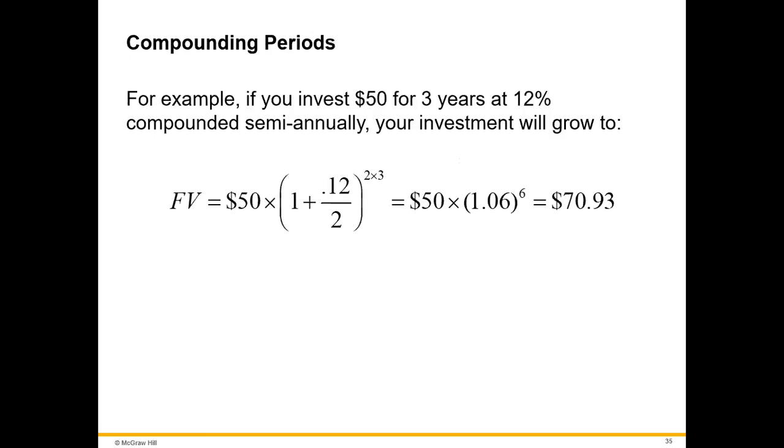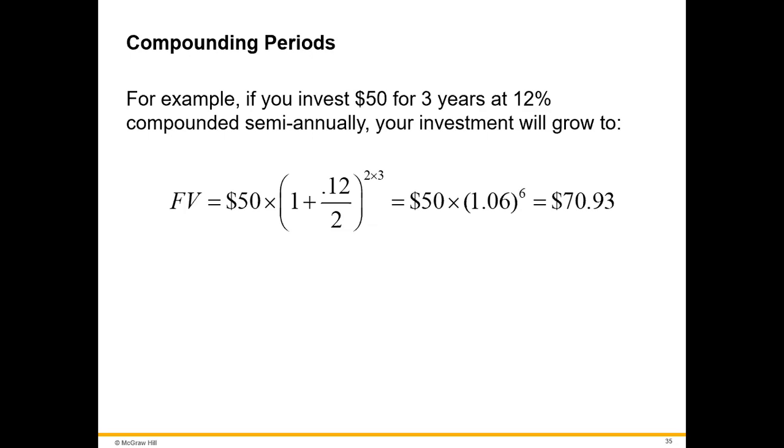So if you invest $50 for 3 years at 12%, and it compounds, and that just means interest is calculated twice a year, your investment will grow to, take a look, present value is 50, times 1 plus your compound interest rate, which would be 12% annual divided by 2, or 6%.